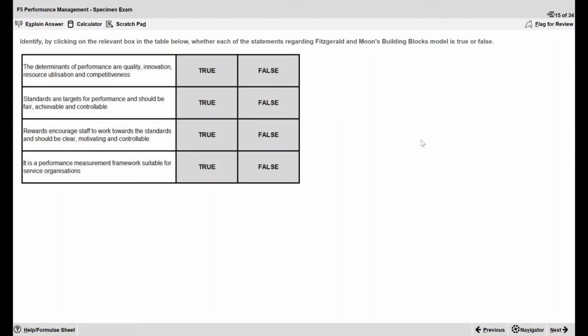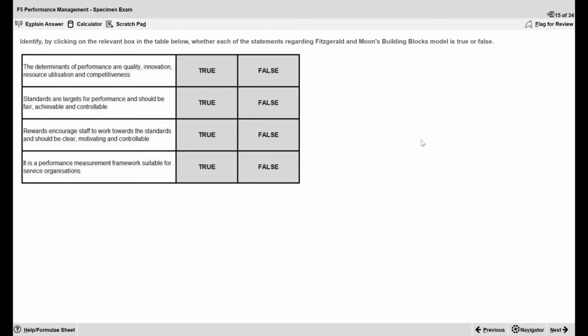Identify by clicking on relevant box in the table below whether each of the statements regarding Fitzgerald and Moore's building blocks model is true or false. Okay, the determinants of performance are quality, innovation, resource utilization, and competitiveness.